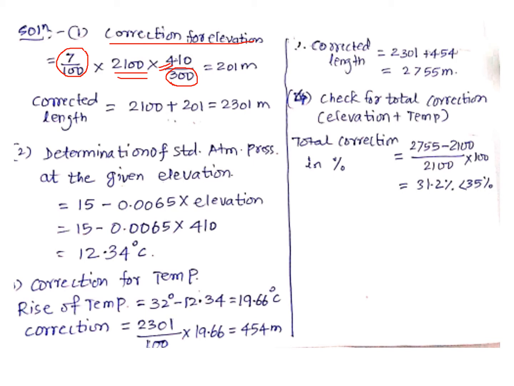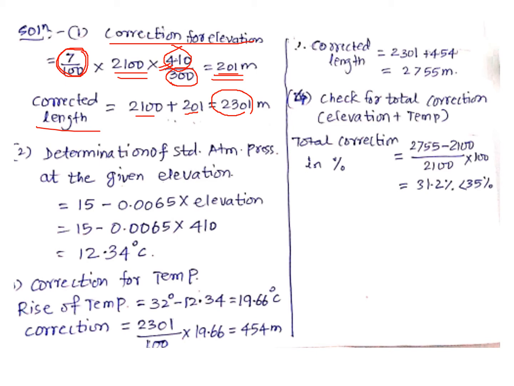So by simple cross multiplication, this value will come out as 201 meters above the basic runway length at the elevation of 410 meters. Therefore the corrected length will be 2100 plus 201, so the total is 2301. This is the value after the correction for the elevation.